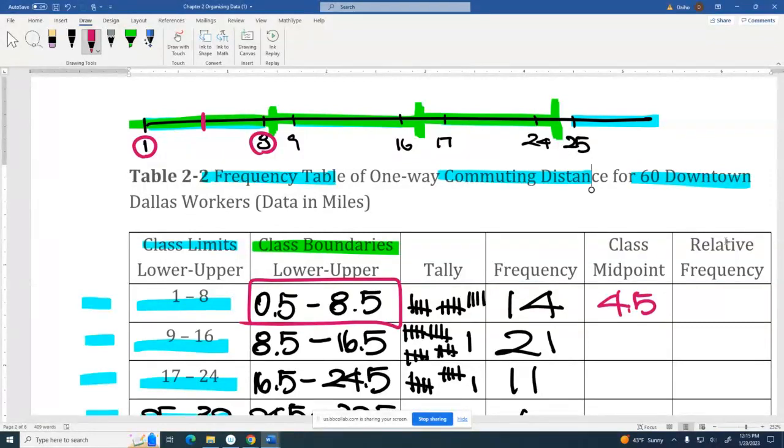Can you take the sum again, 9 and 16, and divide by 2? It will be 12.5. Again, when I take the sum of 8.5 and 16.5, the sum will be 25 again. Divide by 2, 12.5.